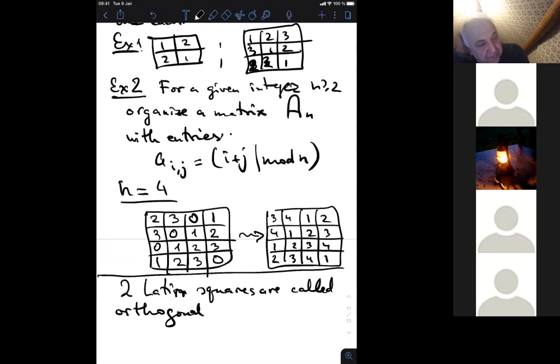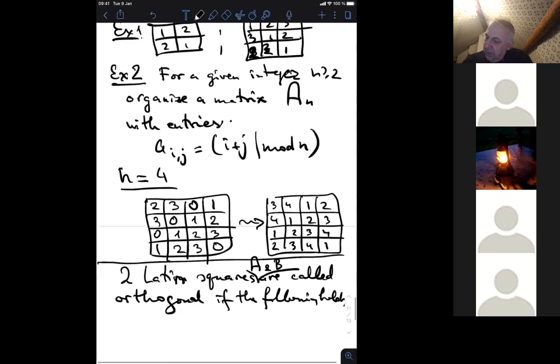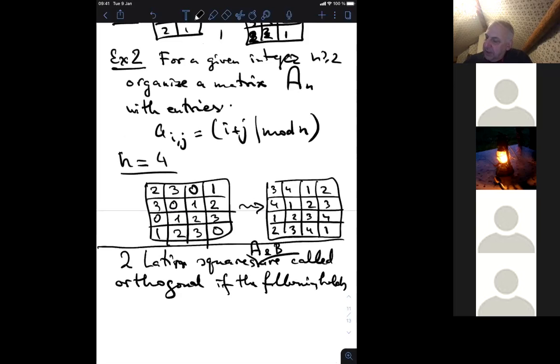So let me call them A and B. If the following holds, so they are of the same size, of size n.